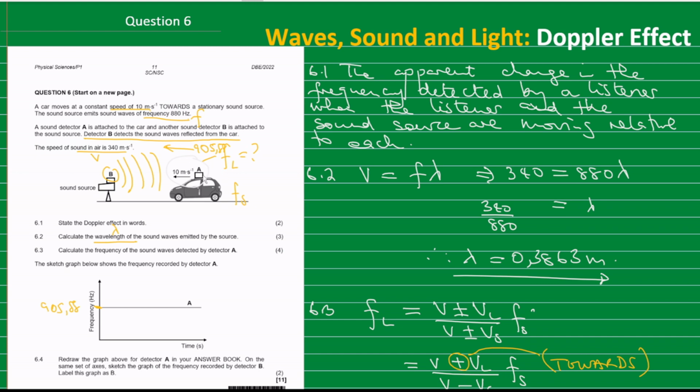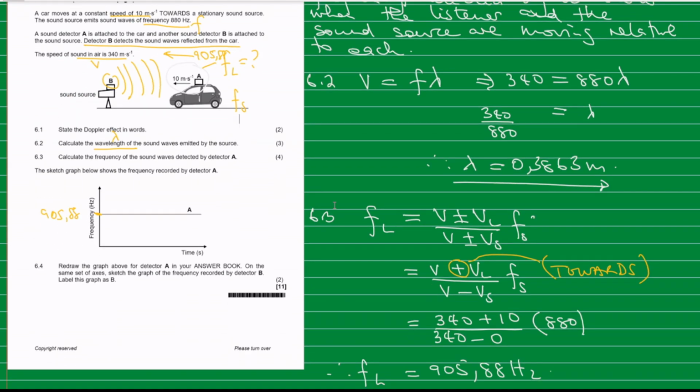Since the car is moving towards B and the frequency is being reflected, they are moving towards each other, so B is going to record a higher frequency than that which is emitted.